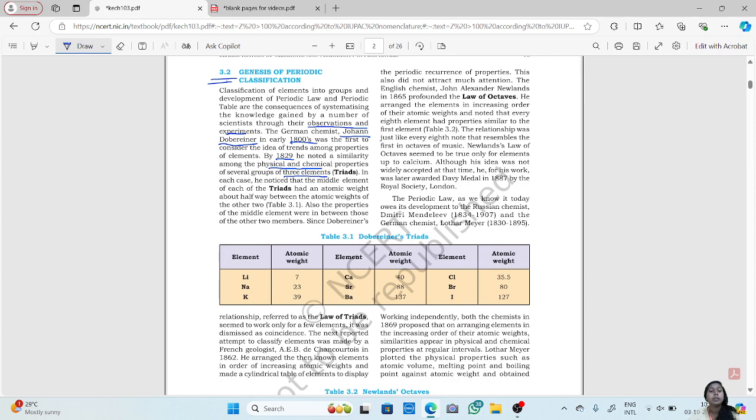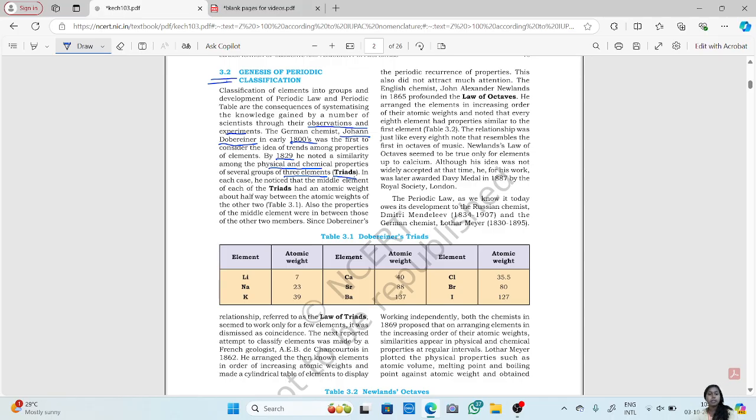He took three elements and found that all three have similar physical and chemical properties, and he named these 3 elements triads. Triads means 3. In each case, he noticed that the middle element of each triad has an atomic weight about halfway between the atomic weights of the other 2.